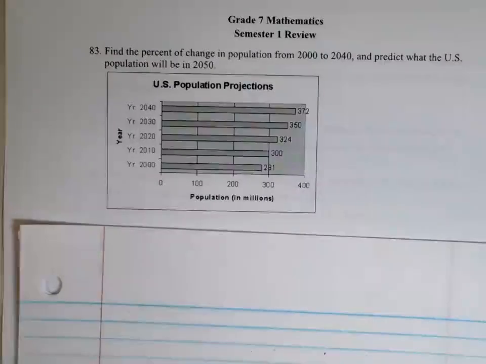I'll wait until somebody uses their tools and finds where we wrote it down, because we wrote it down like 20 minutes ago. No, that's interest. I'm on percent of change. No, that's on simple interest. This is percent of change. It was the first thing we did today.